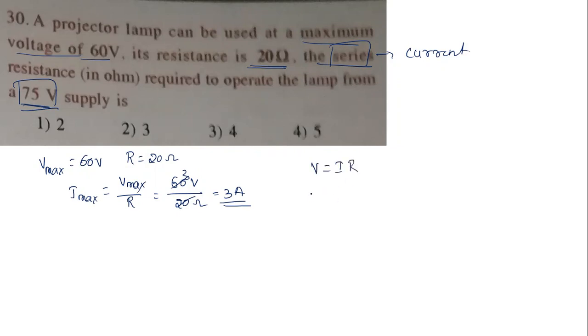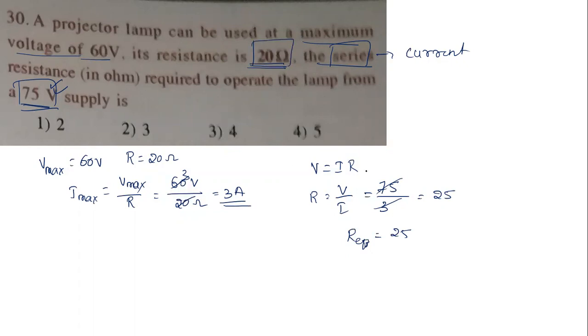So R equals V by I. V is 75 volt for the second case, divided by current 3. If we cancel, it becomes 25. So the new effective resistance we need is 25. But there is already a 20 ohm resistor connected in series.